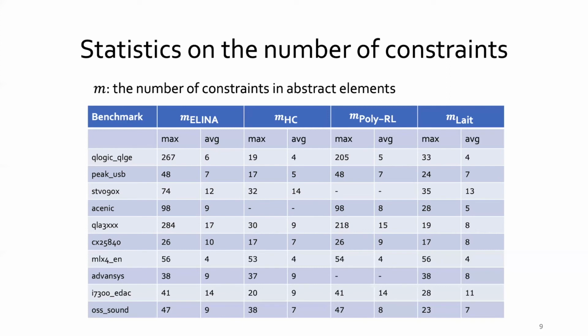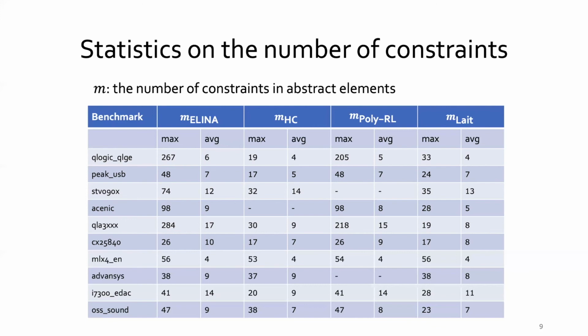The time complexity of Polyhedra analysis is exponential in the number of constraints in the input abstract elements. We gather statistics on the number of constraints in the sequence of abstract elements for each program and report the maximum and average value.